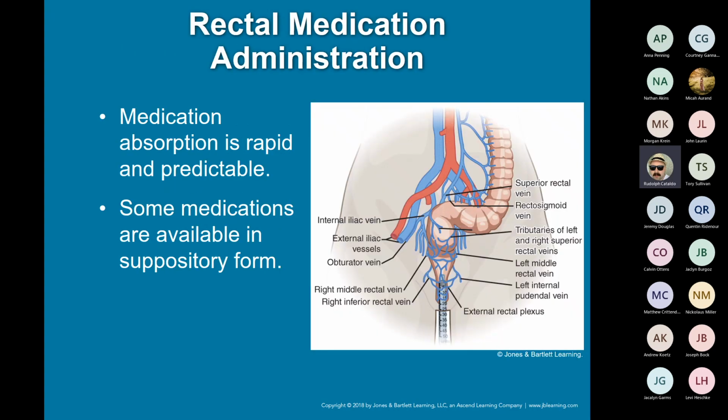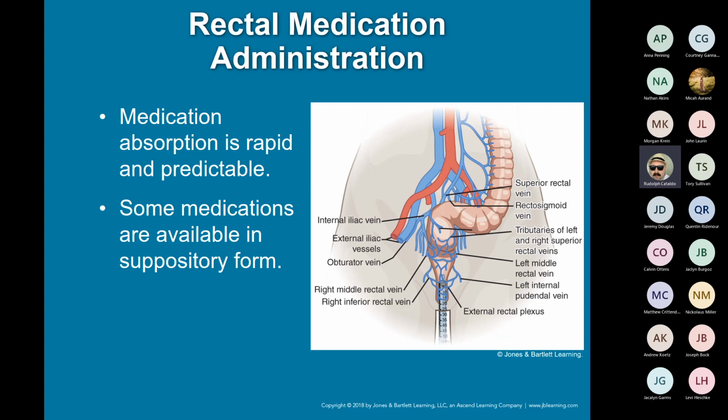Something we don't do all too often is rectal administration of a medication. There's only a handful of medications that this would be indicated for. There's two that I can think of right off the top of my head. One would be seizures of a kid, where you need to give something like rectal diazepam. Sometimes that's prescribed to patients, or you need to assist the parents because they're familiar with this and they know what they're doing.